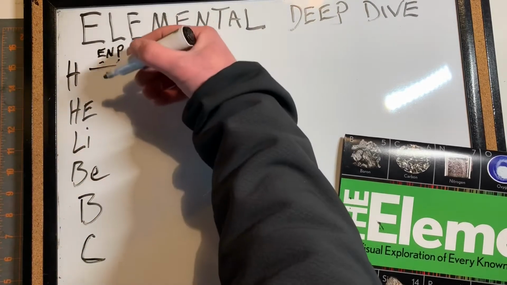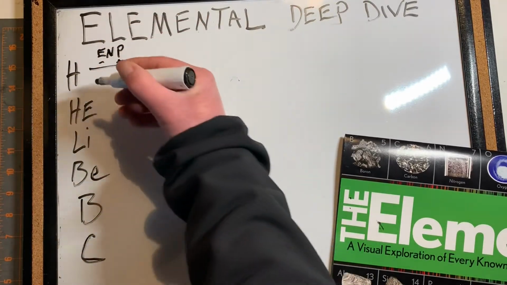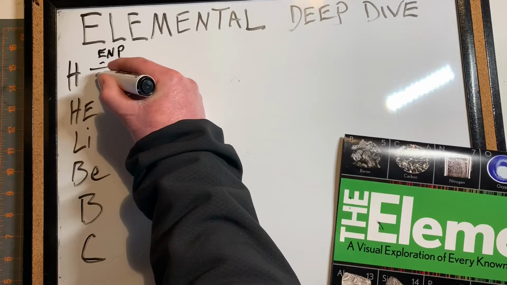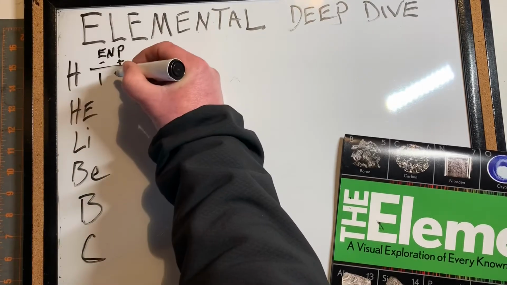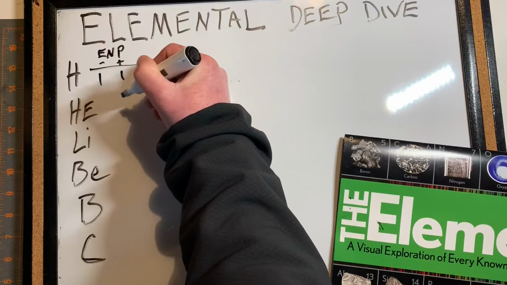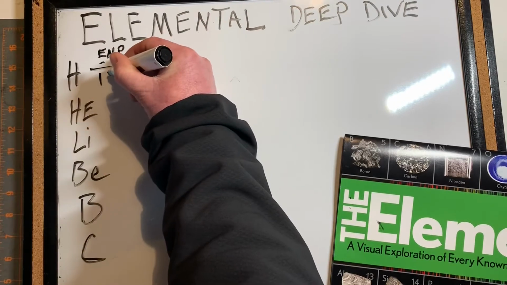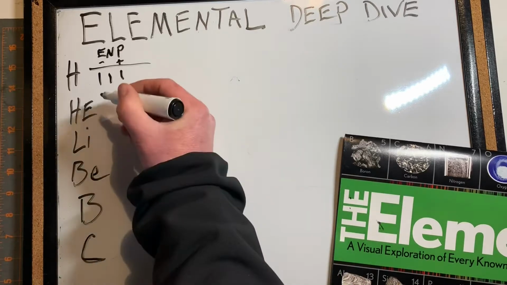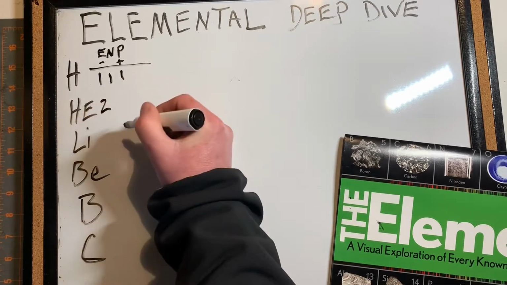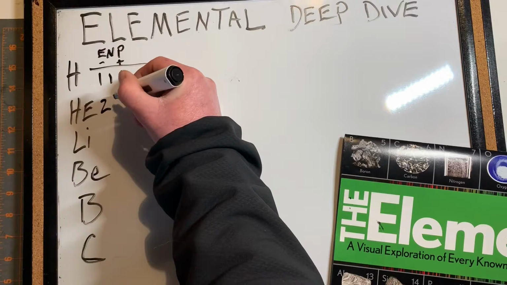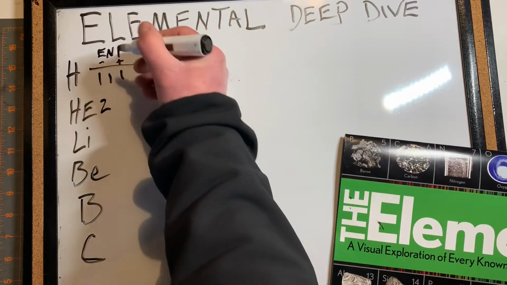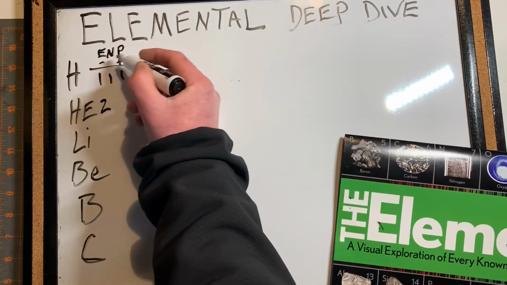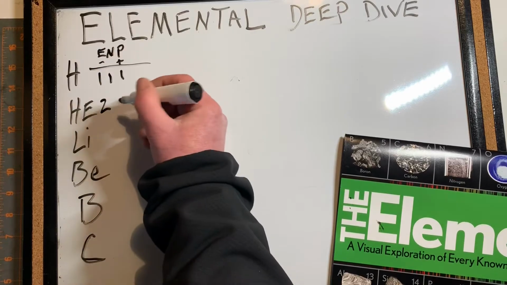So if we just look at these as 3 columns, we can see hydrogen has 1, and that means it has a proton, and then it has almost a whole neutron, so we'll just give it 1. Helium has 2, right? The atomic weight is 4, so you subtract these 2 to get the neutrons.